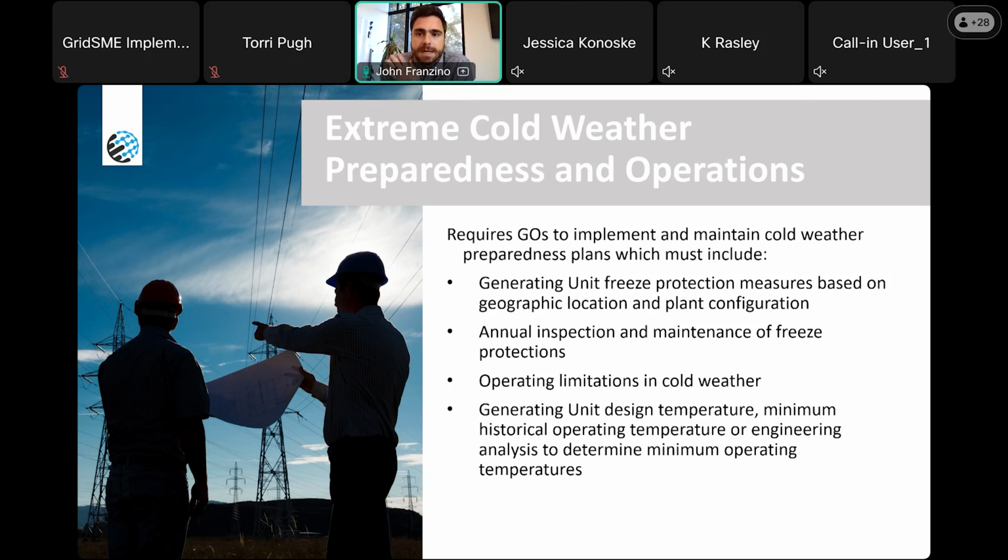There have been lots of events in Texas, particularly over the last handful of years, that have led to heightened scrutiny and rigor around cold weather preparedness plans. So regardless of the location, somewhat like we'll talk about the vegetation management plan shortly, you still need to have a plan, even if you're not in a cold weather area. Your plan may wind up being relatively simple, but again, that's why we had those events in Texas.